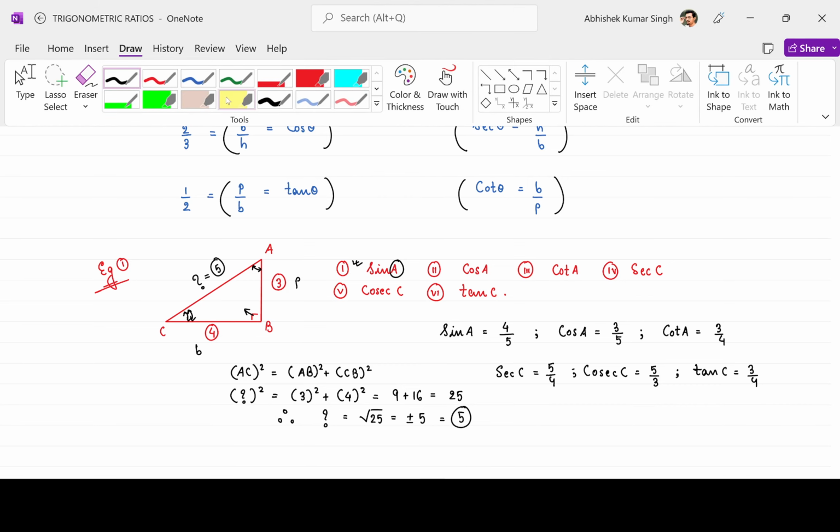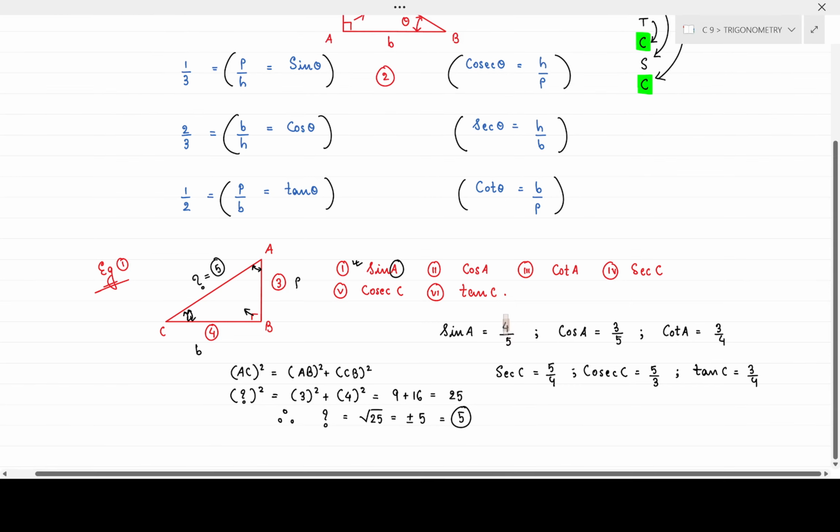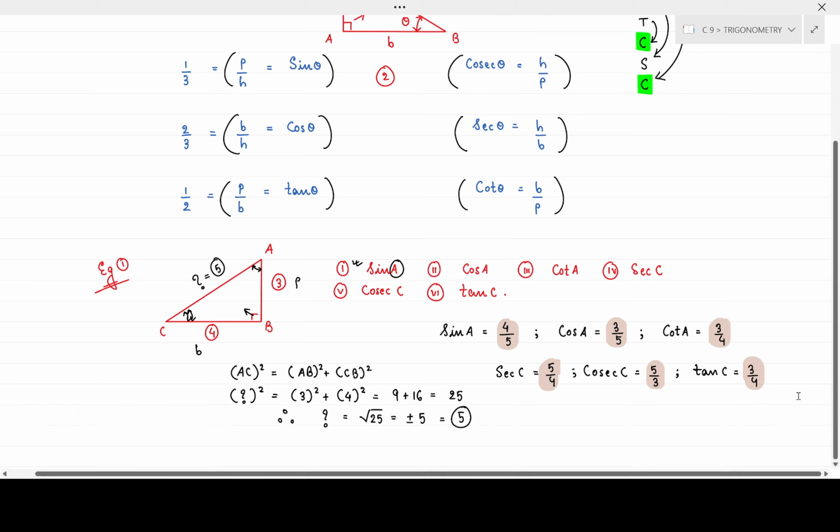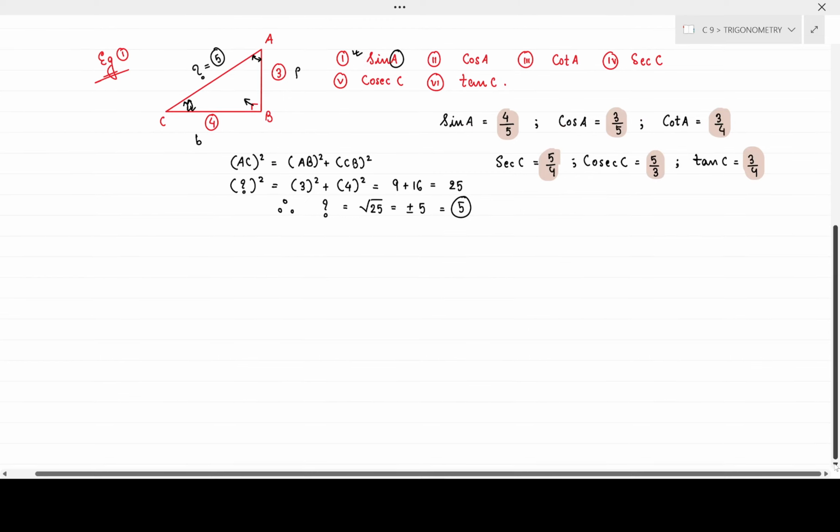This is how we calculate all these required values according to the given question. Let us continue with another example, example number 2.